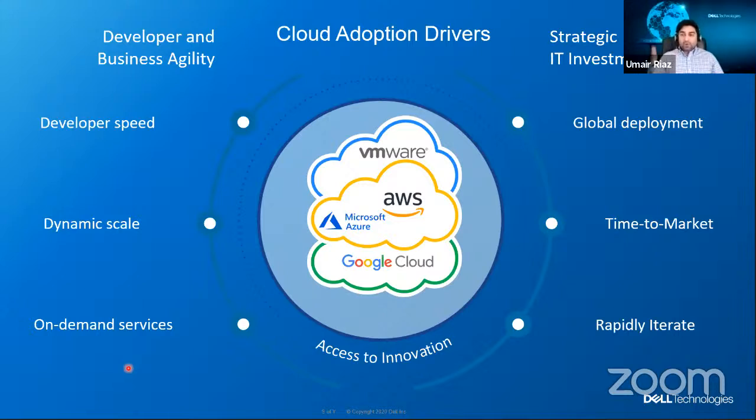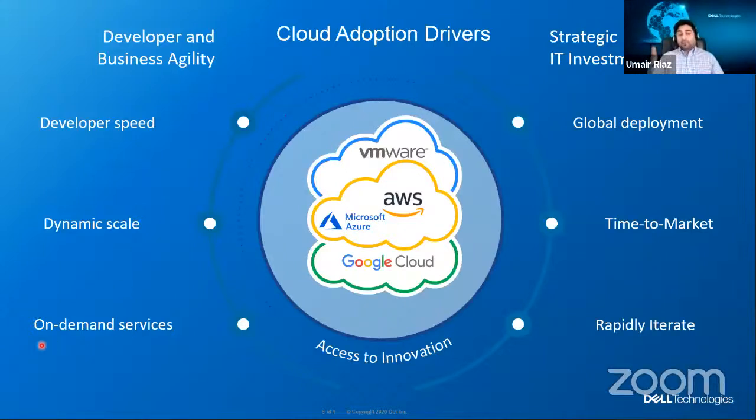They want to be ahead of the market and the competition, so they want developer speed. They want to introduce functionality and accelerate go-to-market. Second is dynamic scale. They can go to a cloud model, start off their application or service, and scale based on business demand, so they're not tied to the traditional IT processes of procurement and static deployments, right?